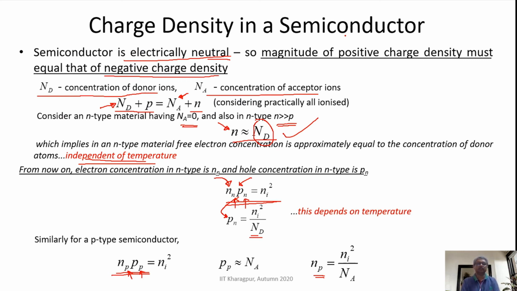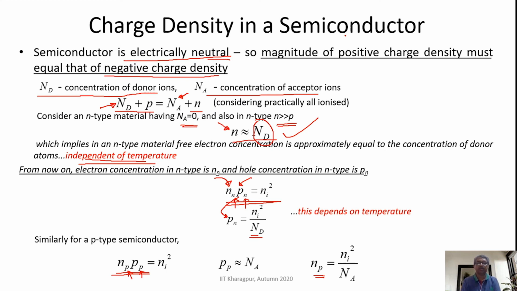Such doped semiconductor is very useful to develop electronic devices, because there are two key advantages. One advantage is that if you dope the semiconductor, the carrier concentration no longer depends on temperature, so that is a major advantage. Another advantage is that the carrier concentration is much larger than ni, that is the intrinsic carrier concentration.